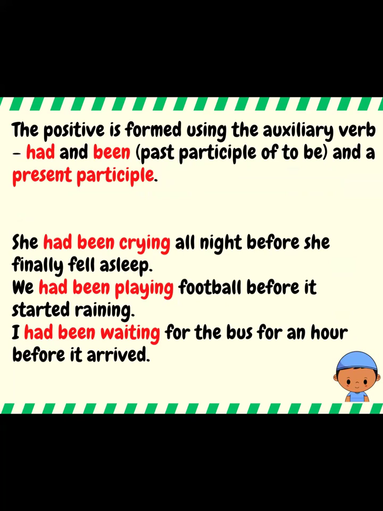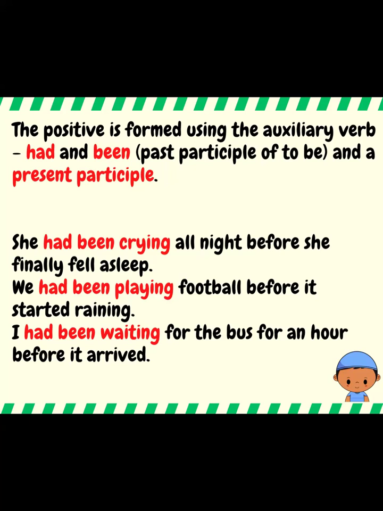So had is the auxiliary verb for past, been is the past participle, and then we have the bit of the progressive tense on the end, the present participle. And a present participle is when a verb ends in ing. So this is how we are forming the positive version of it. We will look at the negative and the question version afterwards. So with this version, you will have had been and then an ing word at the end of it.